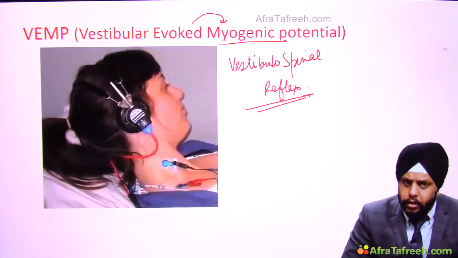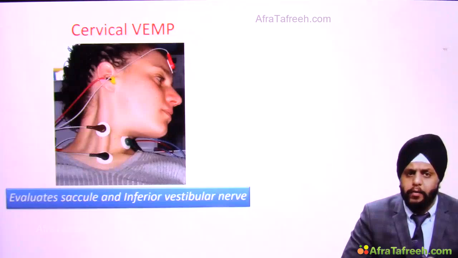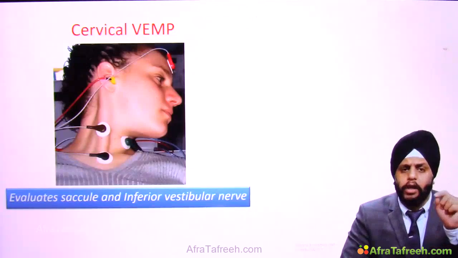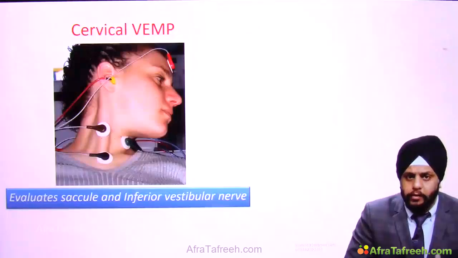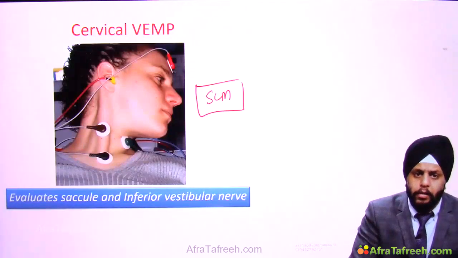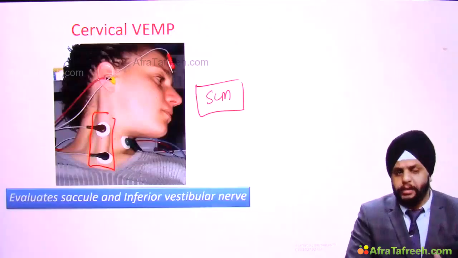Now this VEMP can be of two types. Number one is cervical VEMP. So what we do in cervical VEMP, you give the sound stimulus in the ear and you check for changes in the sternocleidomastoid muscle, cervical neck, you can see over here. Now you see the SCM is below the ear.